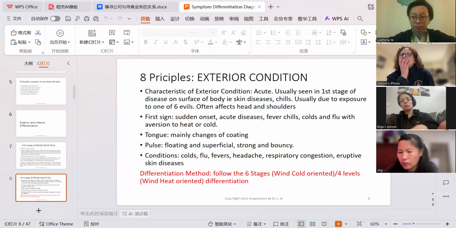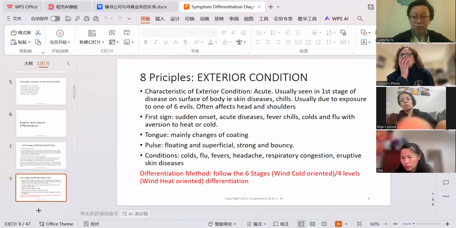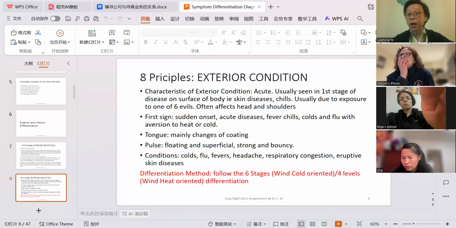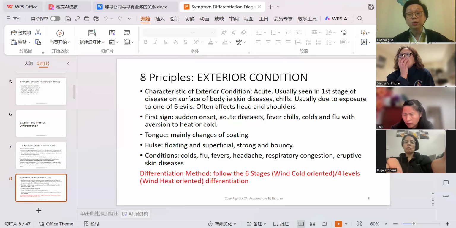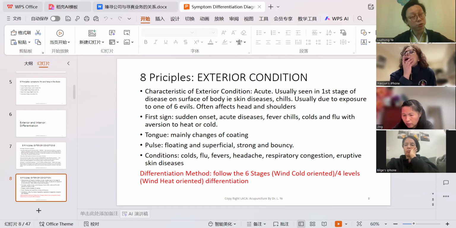Okay, all the symptoms are starting, and in terms of the diagnosis, you have to choose either the 6-stage 六经 or the 4 levels 卫气营血. This is a starting point. You have to choose the right differentiation method to get the proper diagnosis. So your question is what to choose? What made you choose whether you choose the 6 stages or the 4 levels?